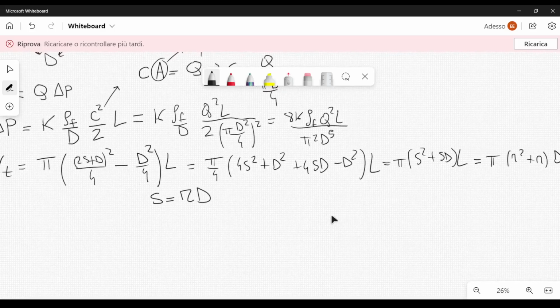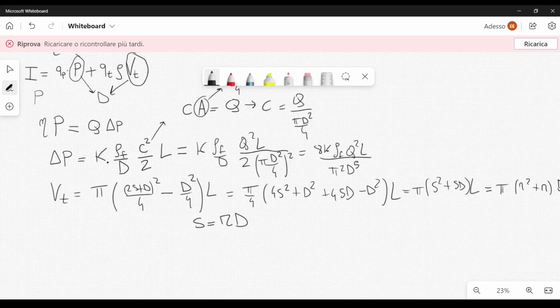And now we can substitute what we found for delta P, V_t inside our formula for the investment. And delta P should be substituted here first to find capital P, the power, and then we substitute there.